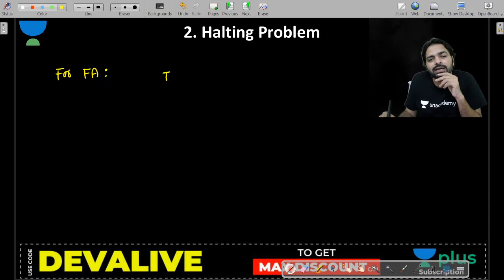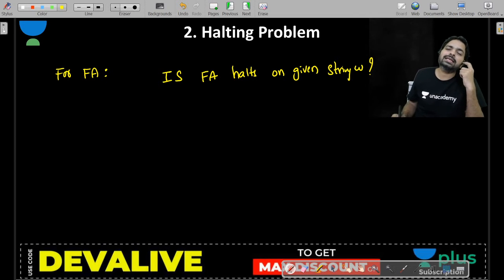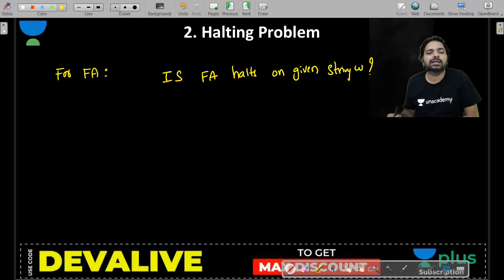Just like, if a finite automata is given, does it halt on a given string, let's say W? Is there any such finite automata which never halts, guys? No, right? It's a trivial question.